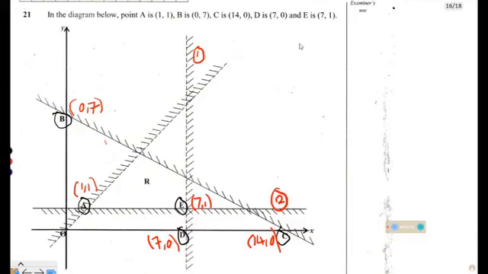When you look at line 1, it's passing through this point D, and on point D we have been given the coordinate (7,0). The coordinates are written in the form (x, y), so this 7 is the x coordinate, and this 0 is the y coordinate. This is one thing you must know.